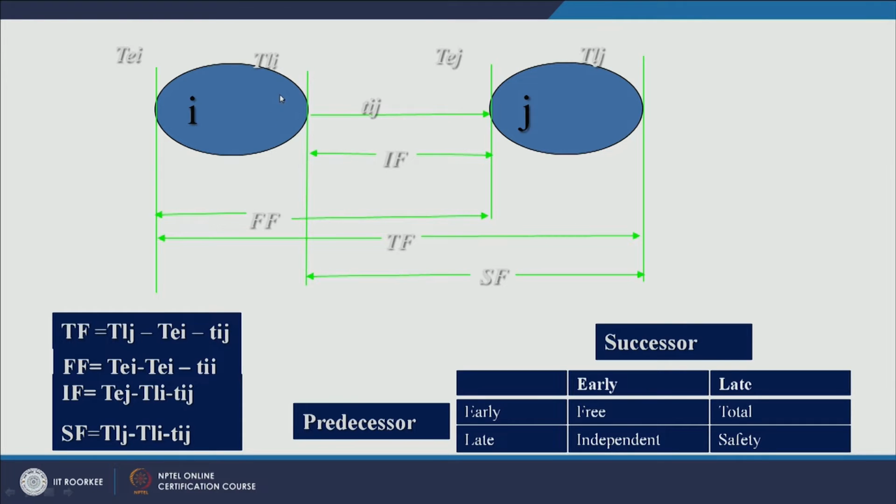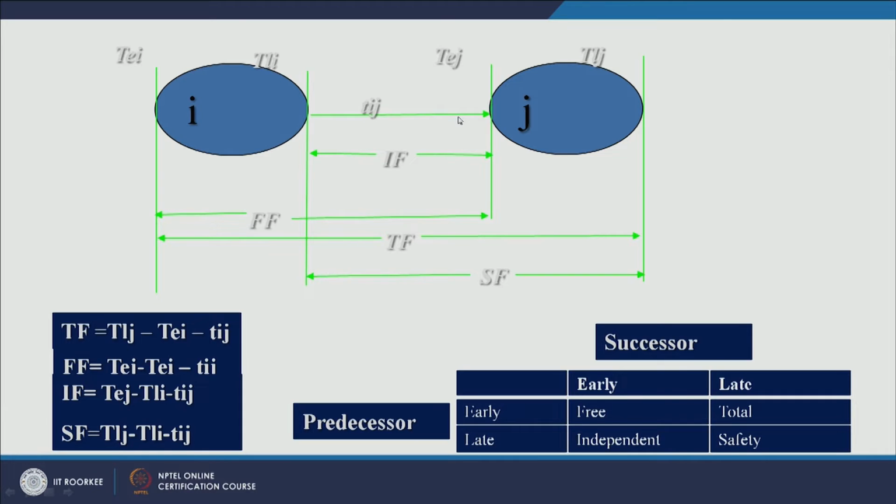Again, if you just focus on these 2 events, event I and event J. Let us take this as the earliest start time and this as the latest completion time. Similarly, the earliest start and this end is the latest completion, and the duration of the activity is Tij. So, what is total float?